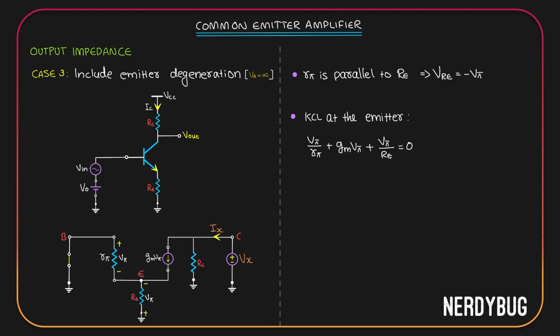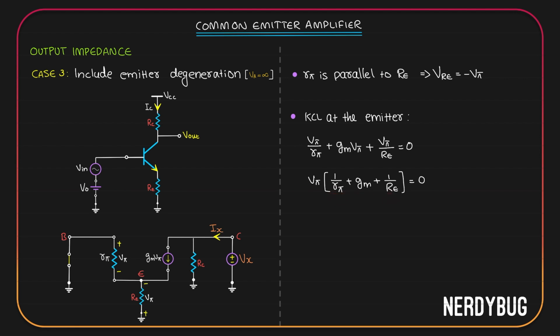So we can write V pi by R pi plus GM V pi plus V pi by Re is equal to 0. You can see V pi is common in all these three terms. Let us take it out as common. V pi multiplied by 1 by R pi plus GM plus 1 by Re is equal to 0.